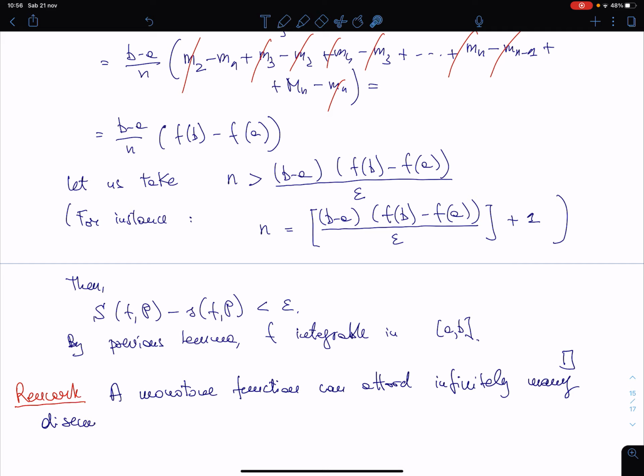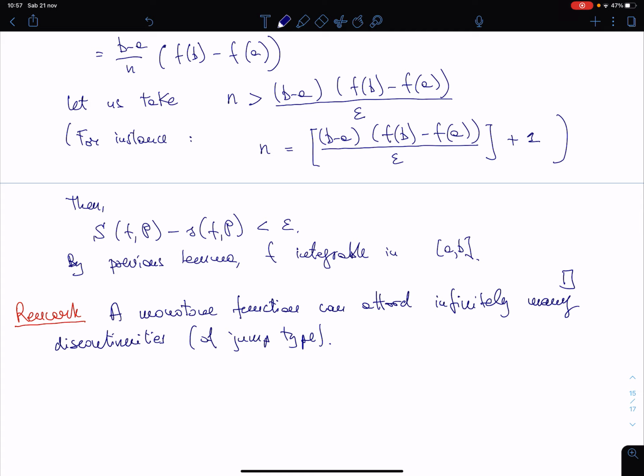Discontinuities of jump type. So what we proved is that it is possible to have an integrable function with infinitely many discontinuities. So quite tough functions can be integrated.